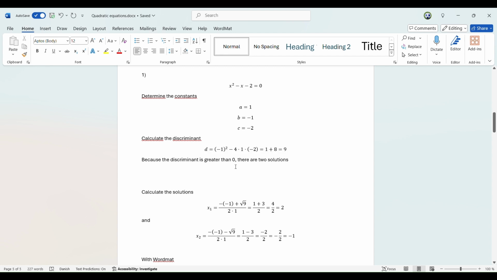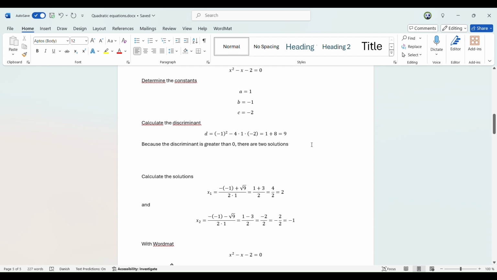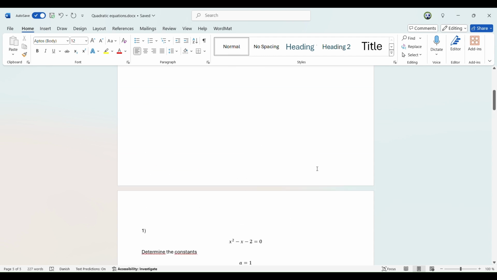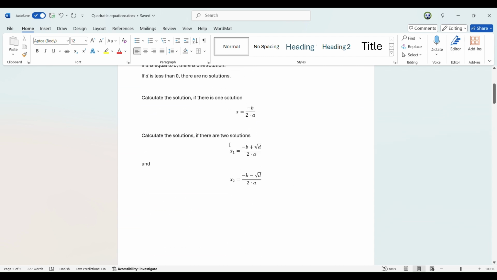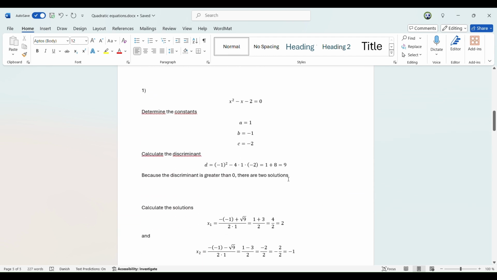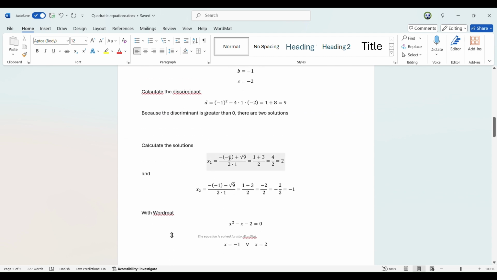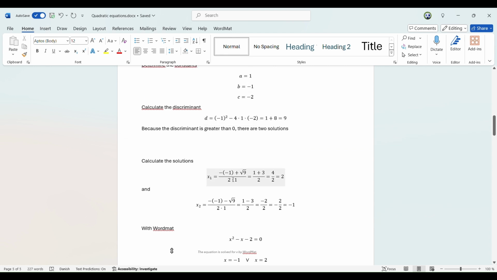It's a number greater than 0, so we have two solutions to our equation up here. Now we want to calculate the two solutions, and we have to use these formulas down here. So we say minus b plus the square root of d over 2 times a. The b was minus 1, so we put in minus 1 instead of b.